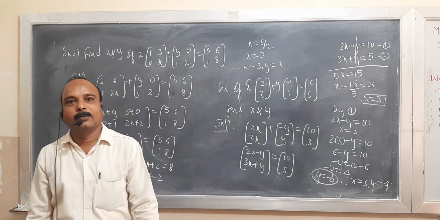Now we go for next example. 3 times the matrix [x y z w] equals [x 1 minus 1 2w] plus [4 x plus y z plus w 3]. By using the equality of matrices, we can solve this one.